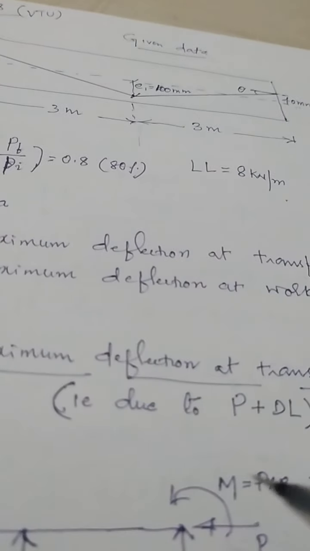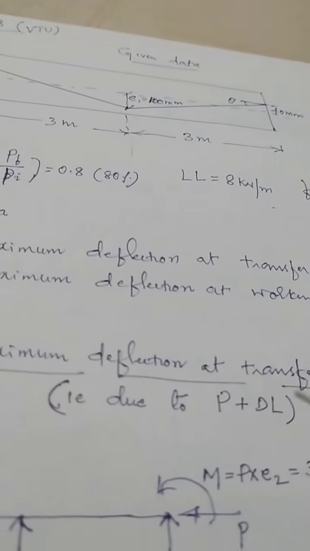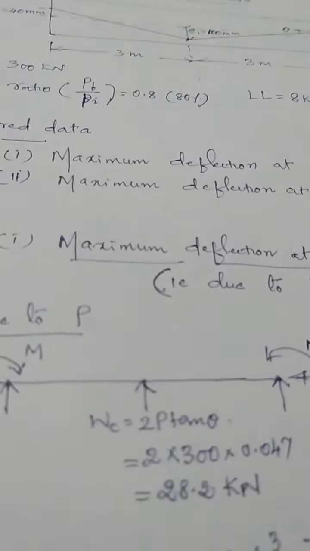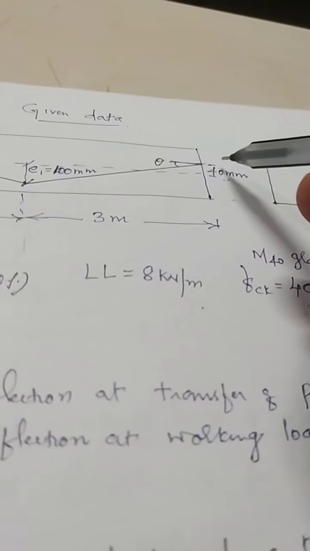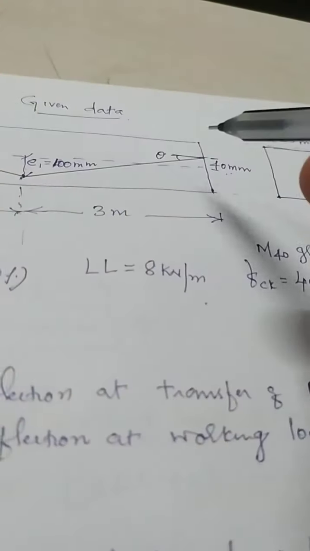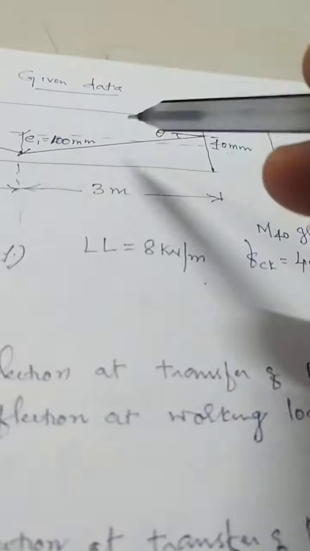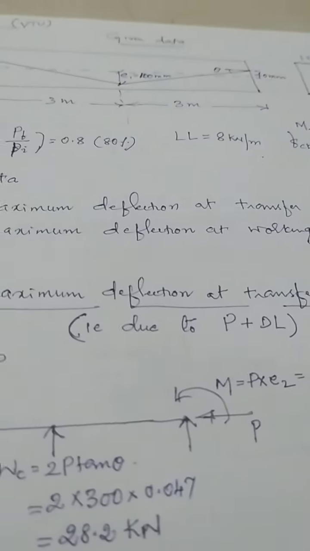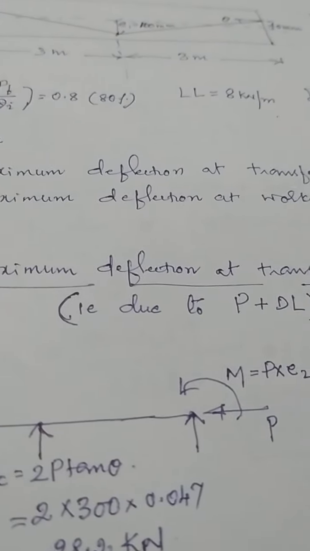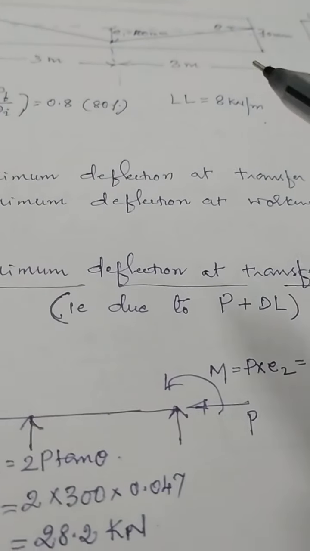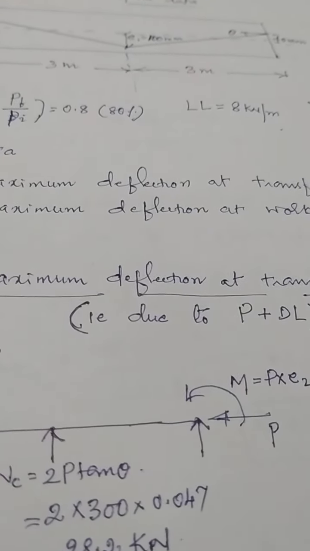Now I will calculate separately because loss is given. Due to pre-stress, I will calculate M and WC what it will create, and due to dead load what is the value. I am not going to discuss again and again. Already you know how to calculate M, how to calculate WC, how to calculate dead load.